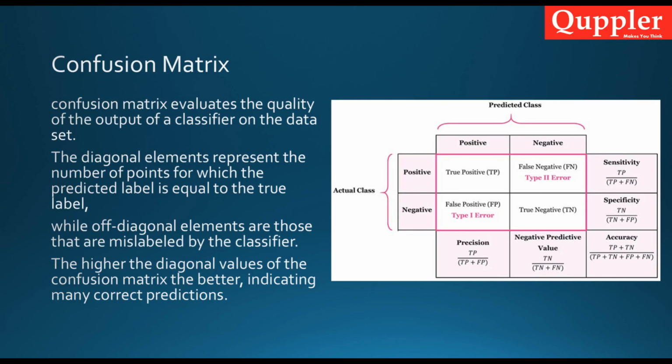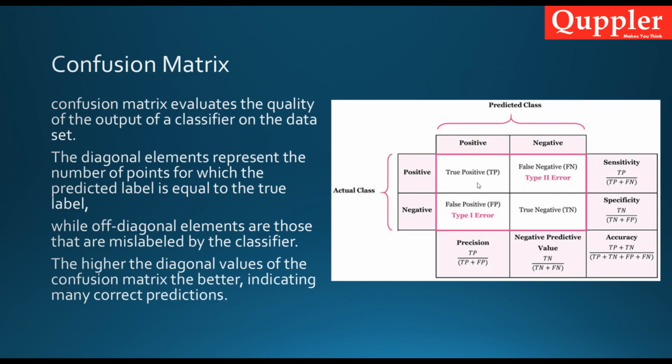A confusion matrix basically evaluates the quality of the output of your classifier on the data set. If we have a 2 by 2 confusion matrix, the diagonal elements always represent the number of points for which the predicted value is equal to the true label, whereas the off-diagonal elements represent those which have been mislabeled by the classifier.